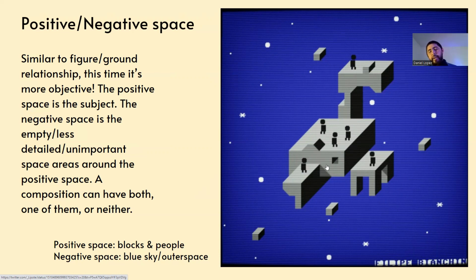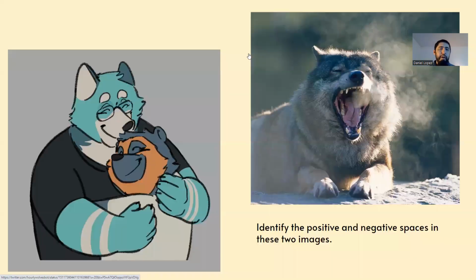Even though there are stars here and these little blocks here, this is mostly sort of detached from the positive space, right? For a more literal example, on the left here, the negative space is the gray around these two characters, right? And the positive space is these two characters. Okay, so that's a definite objective way of measuring positive and negative space.